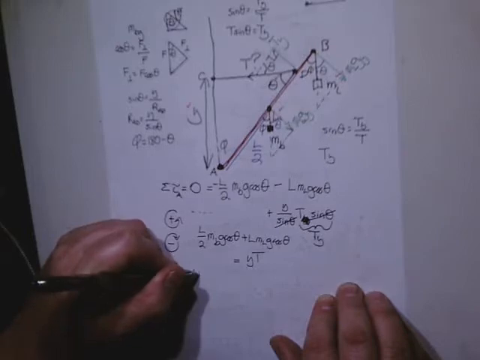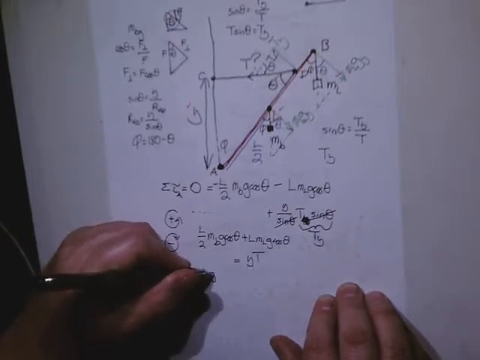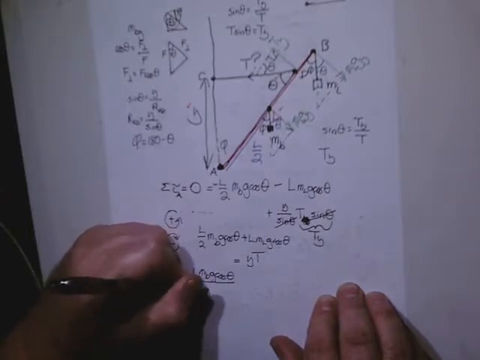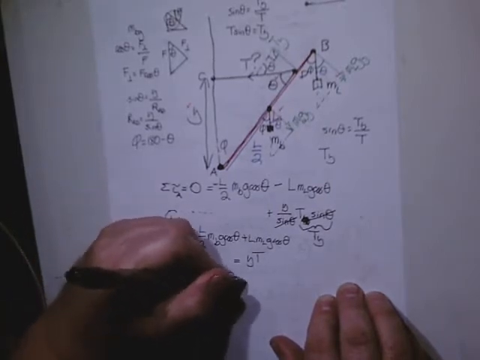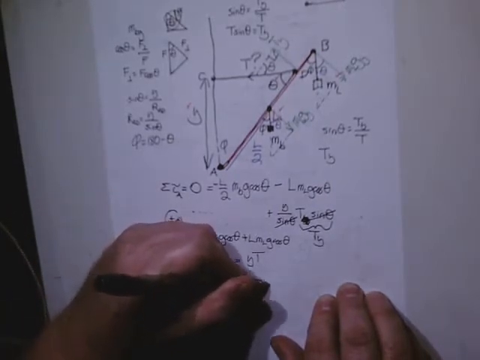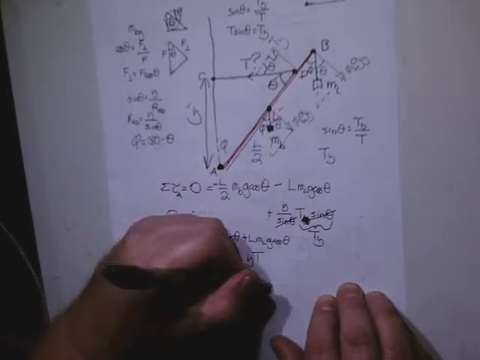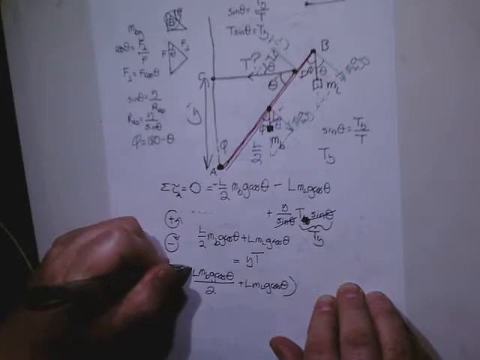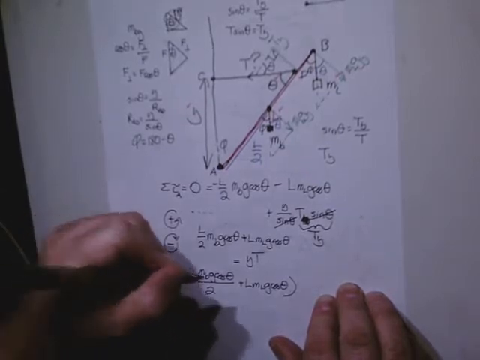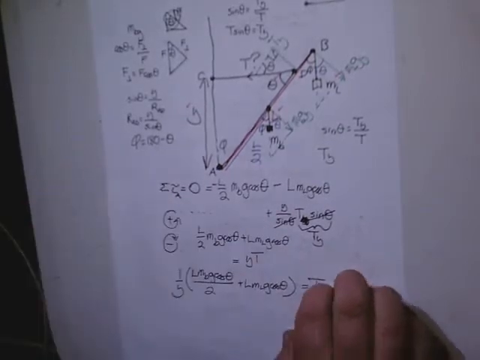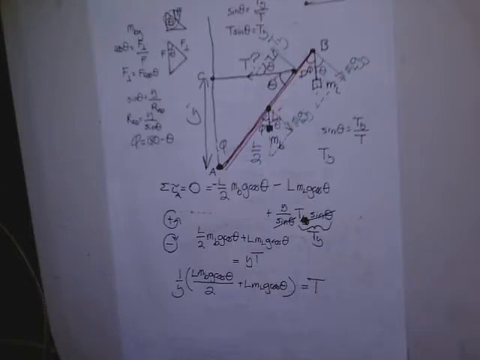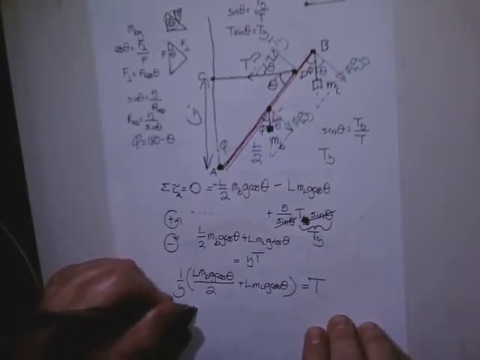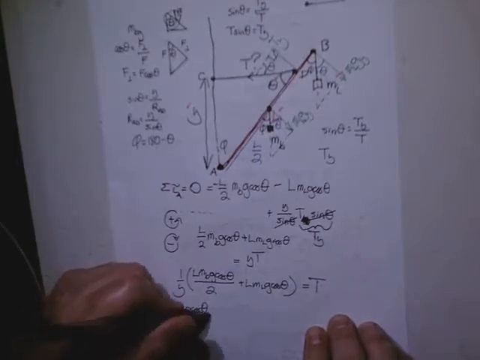So L m_b g cosine theta over 2 plus L m_l g cosine theta, divided by y, is equal to T. Now, to clean this up really quick, the L, the g, the cosine theta get kicked out.